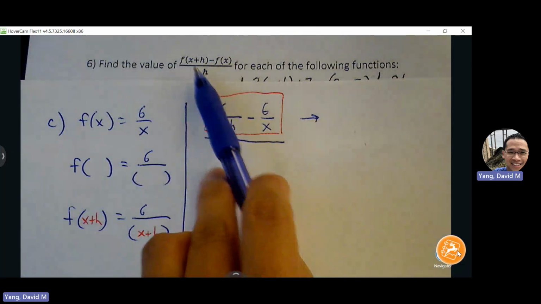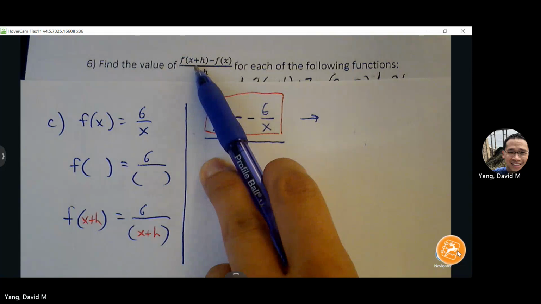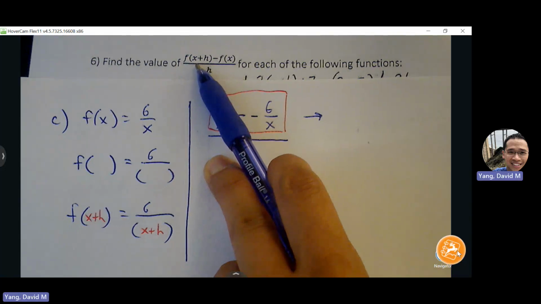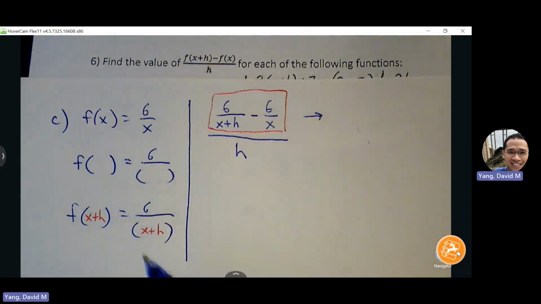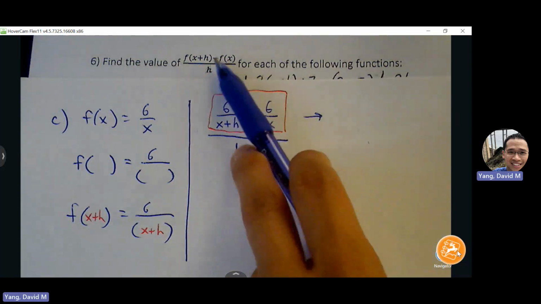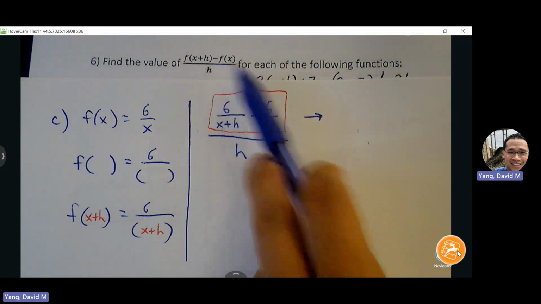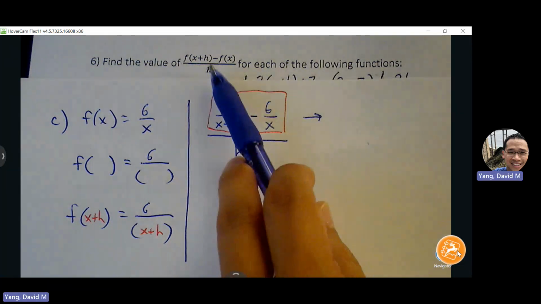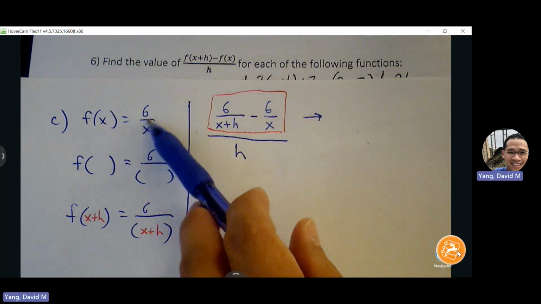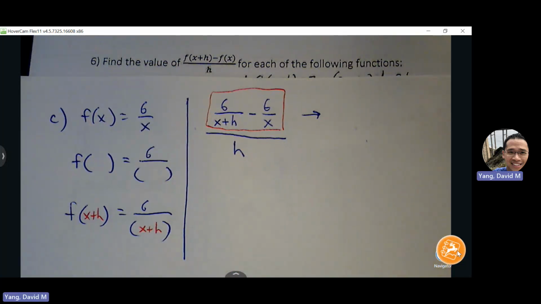Right, so what is f of x plus h? Well, I'll just make it 6 divided by x plus h. Okay, that goes here. But I'm minus f of x, what's f of x? 6 over x. So I'm just replacing the numerators with my original function and my f of x plus h.